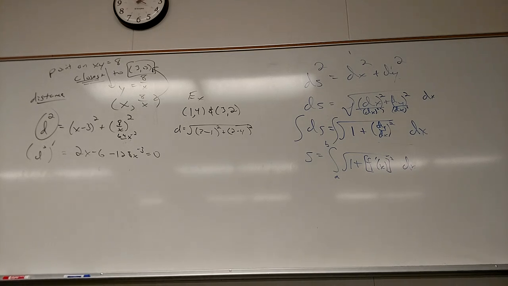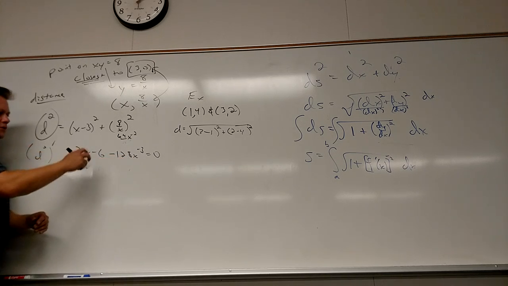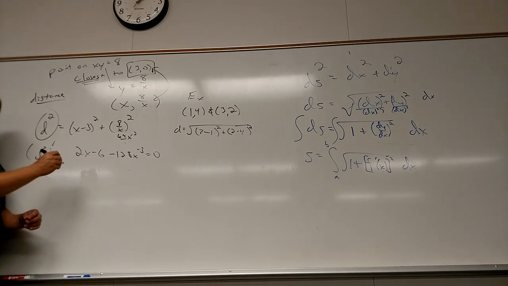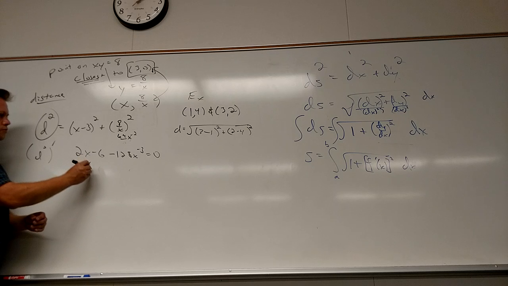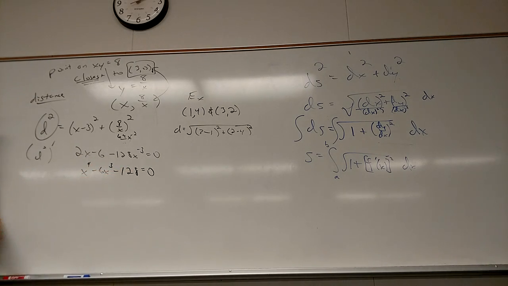So I would probably get rid of that. Multiply by x cubed. Divide by 2. That doesn't look pretty.